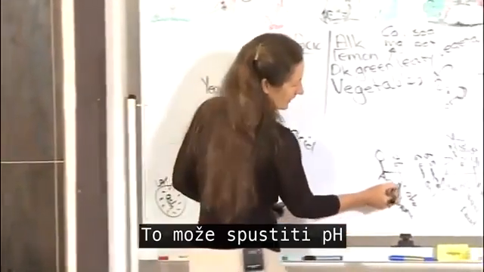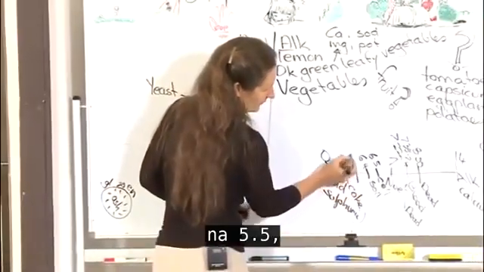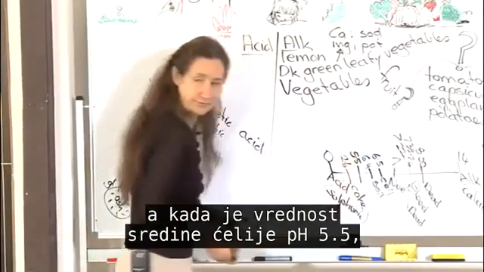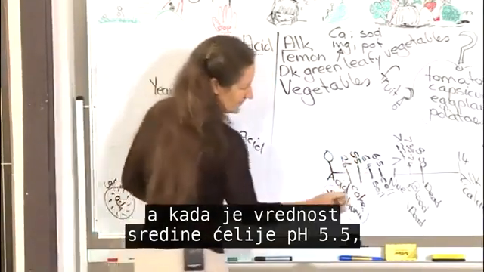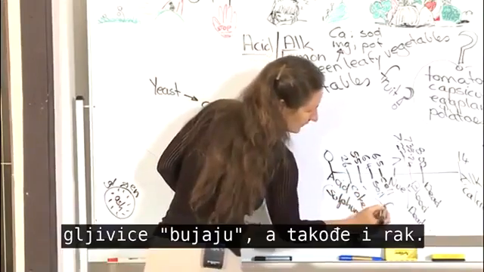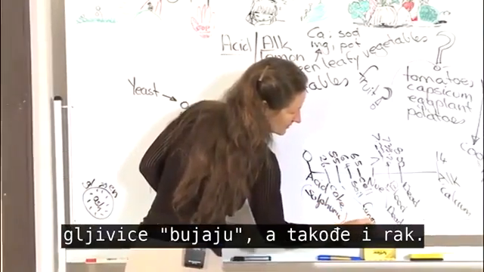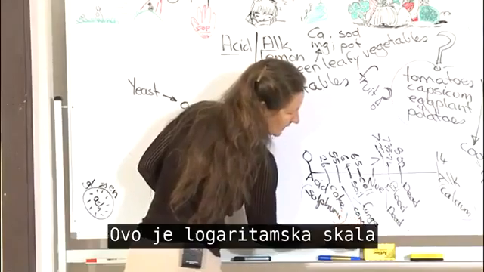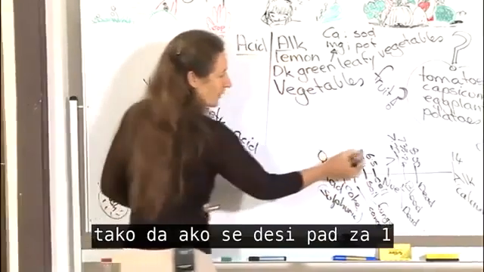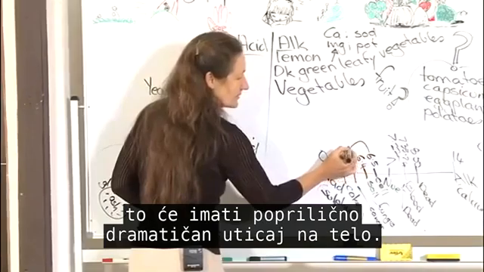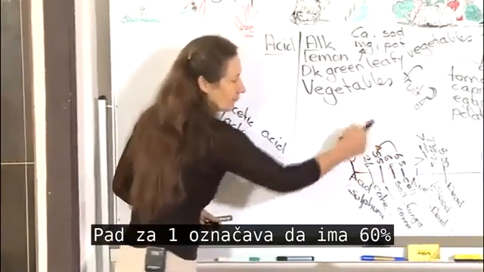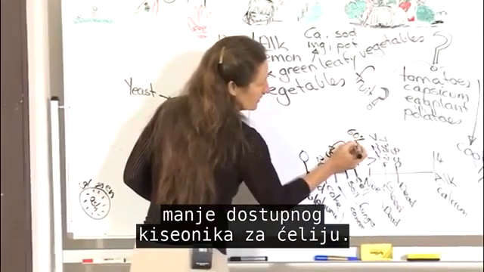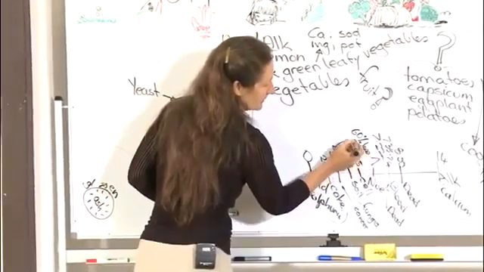That can bring the pH down to 5.5. And in a 5.5 environment in the cell, this is where fungus thrives. It's also where cancer thrives. This scale is logarithmic, so the drop of 1 point has quite a dramatic effect in the body. The drop of 1 point means 60% less oxygen available for the cell.